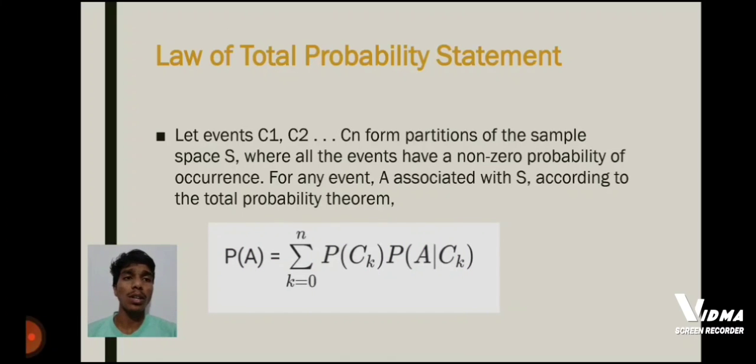Law of total probability statement. Let events C1, C2, C3 and so on up to Cn form partitions of the sample space S, where all the events have a non-zero probability of occurrence. For any event A associated with S, according to the total probability theorem, the statement is P of A equals summation k equals 0 to n of P of Ck into P of A by Ck.